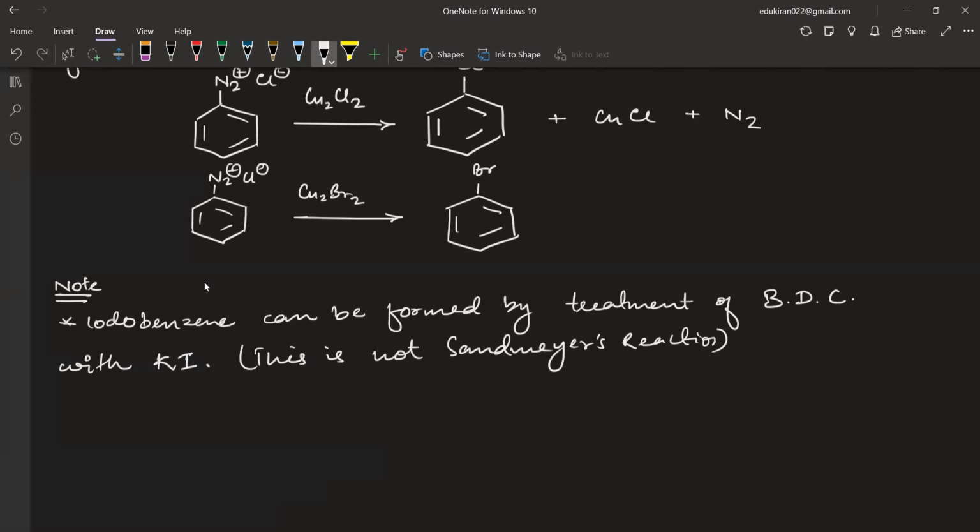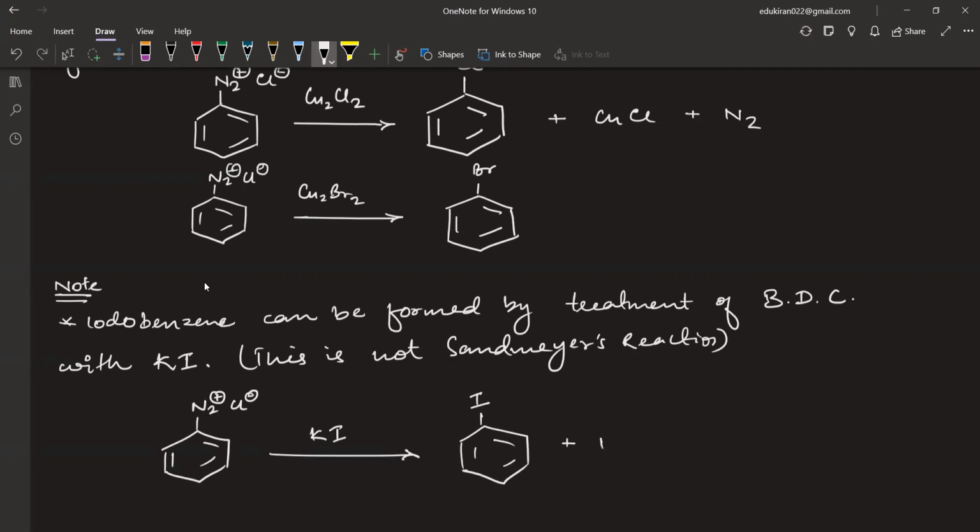In Sandmeyer reaction, you have to have a cuprous halide, cuprous chloride or cuprous bromide. So this reaction with KI will be like this. Here you will have N2+ Cl-. You react this with KI and you will get iodobenzene, plus KCl and N2.